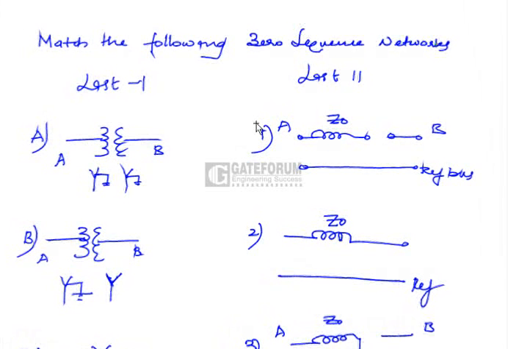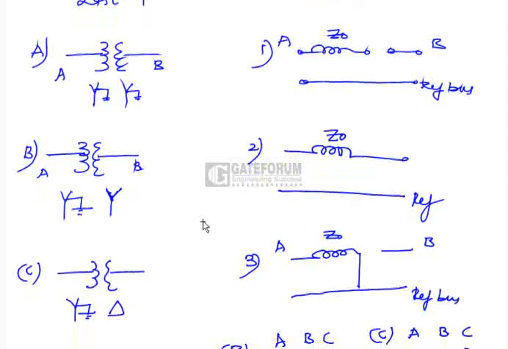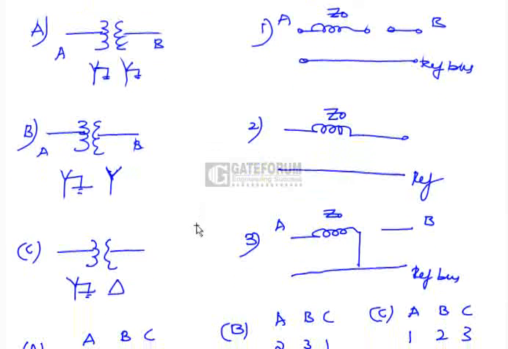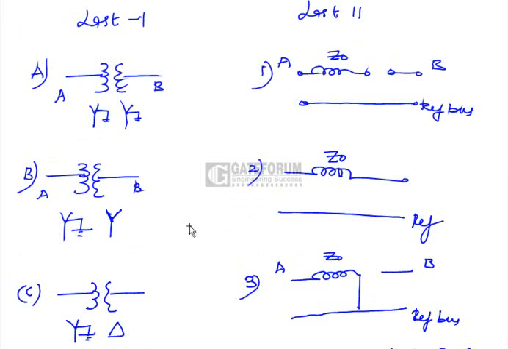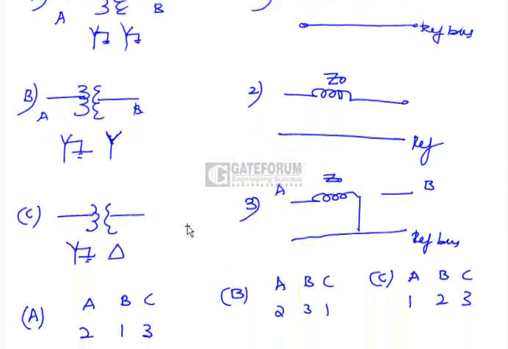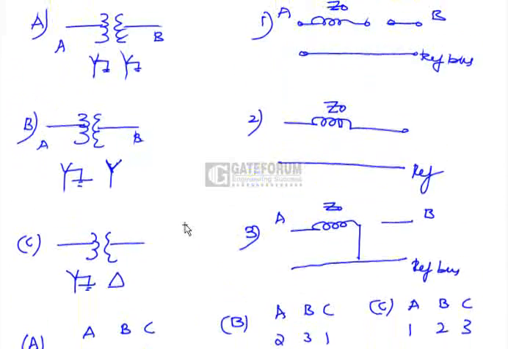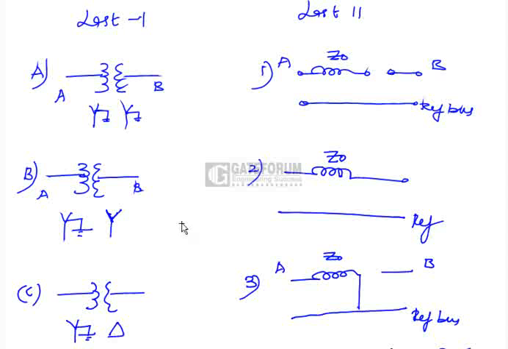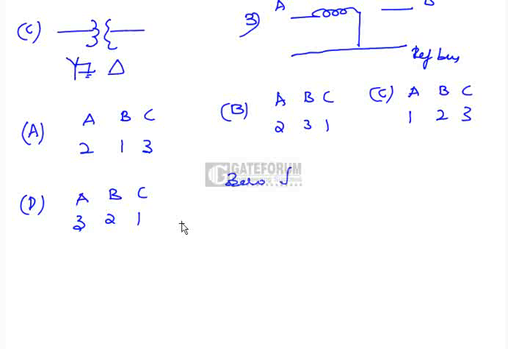Match the following zero sequence networks, list 1 with list 2. In list 1 you can see different types of transformer connections, whether star or delta in primary and secondary. In list 2 you can see their corresponding zero sequence networks. You have 4 options and have to select one. Now how to find the zero sequence network? The reference should be ground.